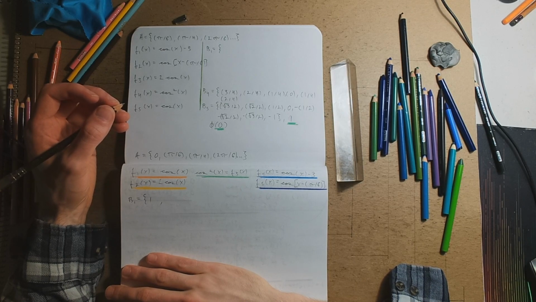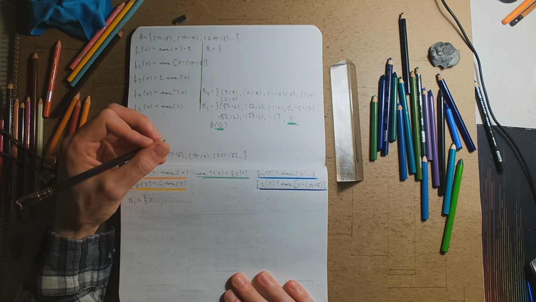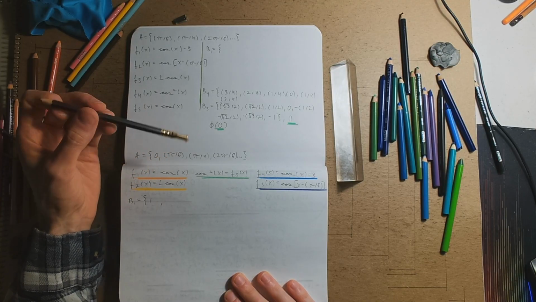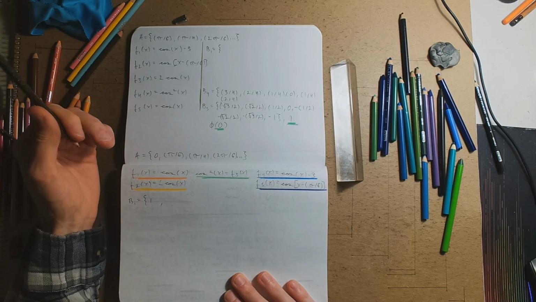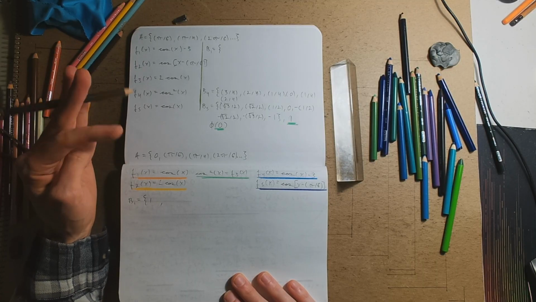Now what? 0, pi. Let's see, root 3 over 2.